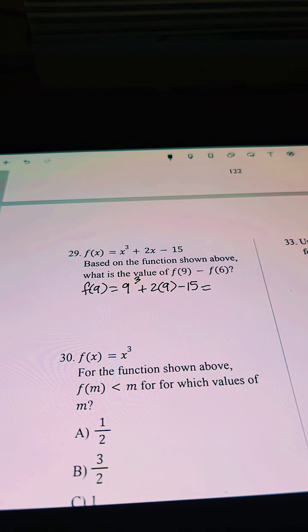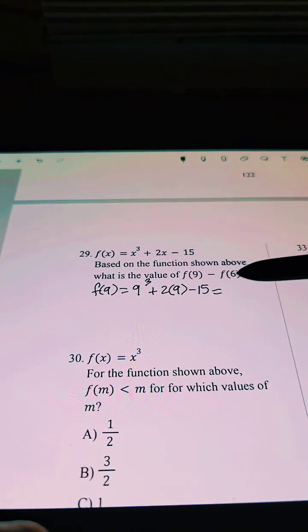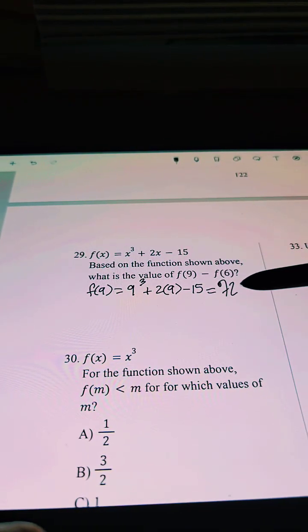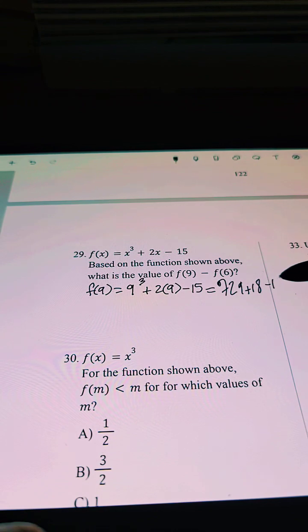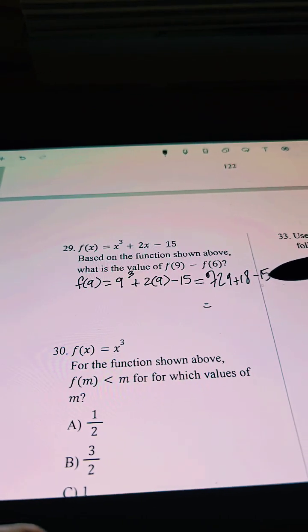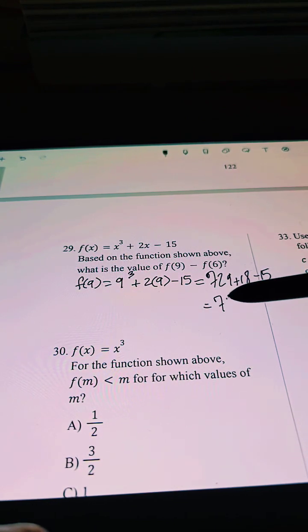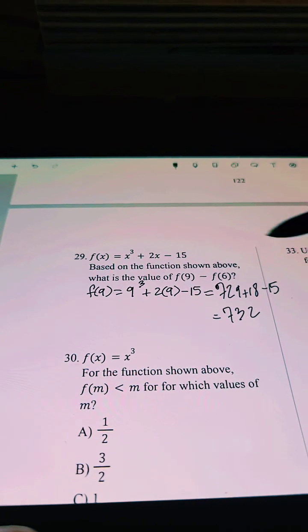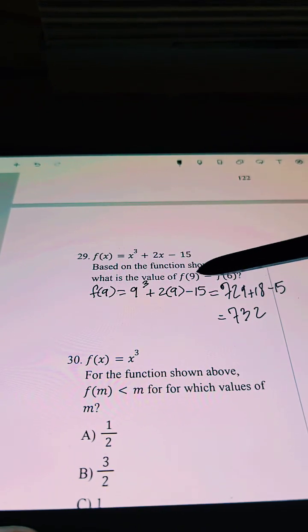I have to use my computer calculator. 729. Yeah. Okay. So 729 plus 18 minus 15. So plus 18 minus 15 is plus 3. So 729 plus 3 is going to be 732. So that's going to be what f of 9 is.